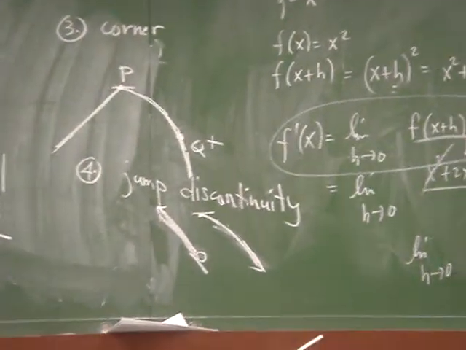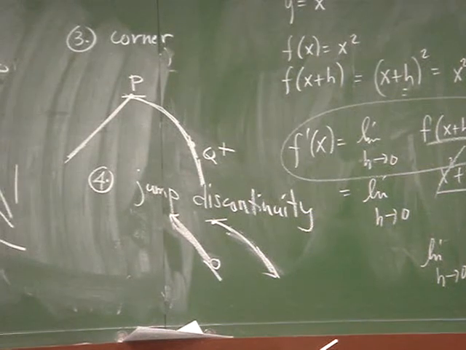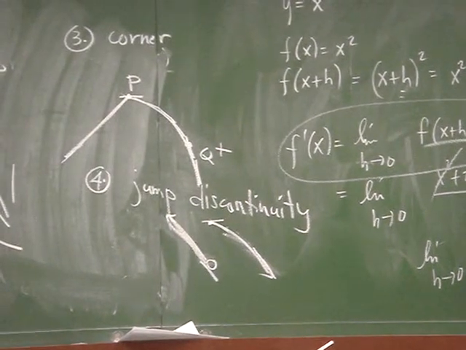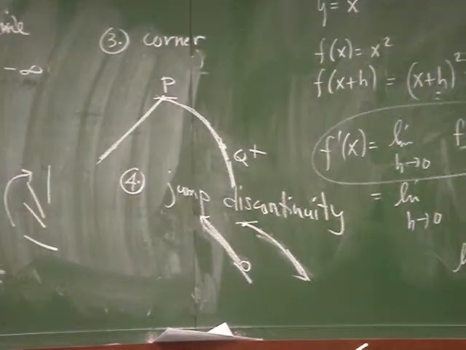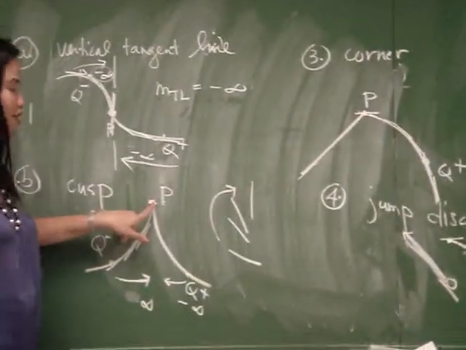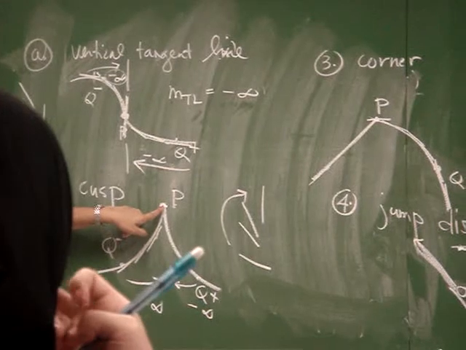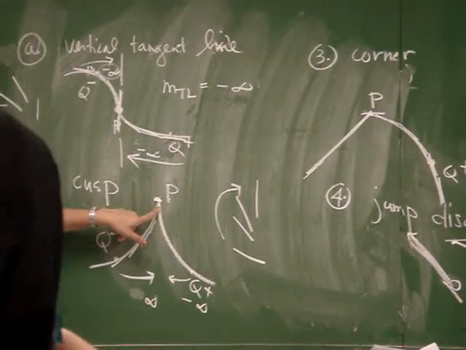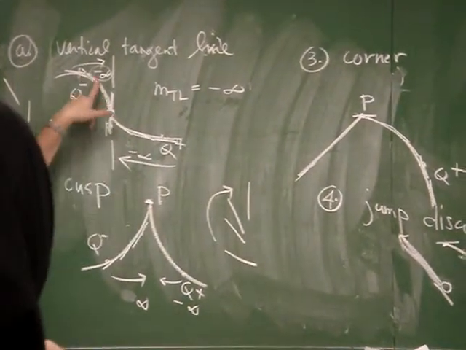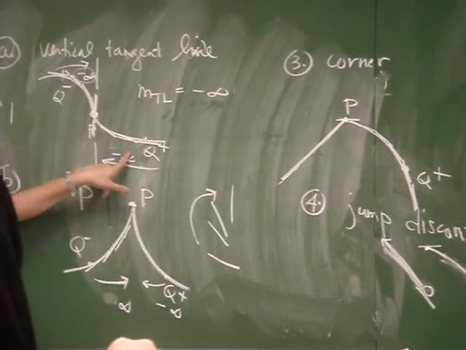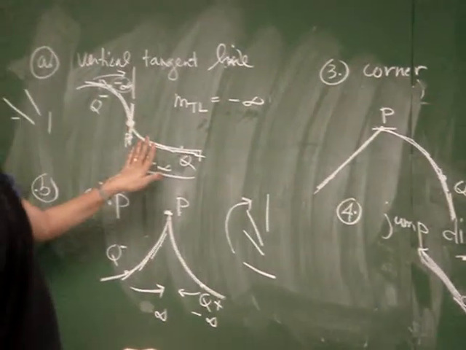If a function is continuous at that point, it doesn't mean the derivative exists. Say for this, you know that the function is smooth at this point, but the derivative fails to exist. Same with this one. It's continuous at this point, but the derivative does not exist.